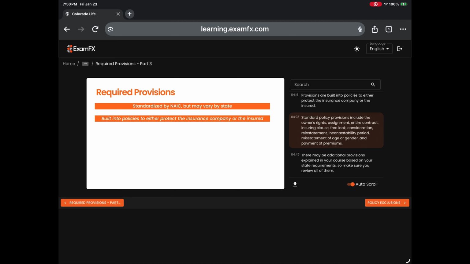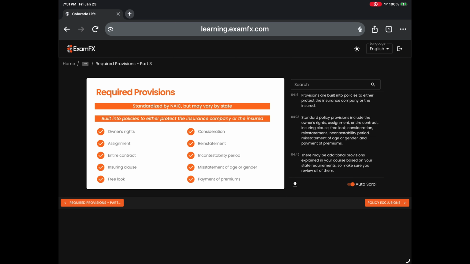Standard policy provisions include the owner's rights, assignment, entire contract, insuring clause, free look, consideration, reinstatement, incontestability period, misstatement of age or gender, and payment of premiums. There may be additional provisions explained in your course based on your state requirements, so make sure you review all of them.